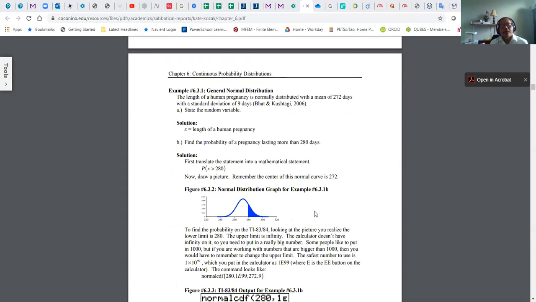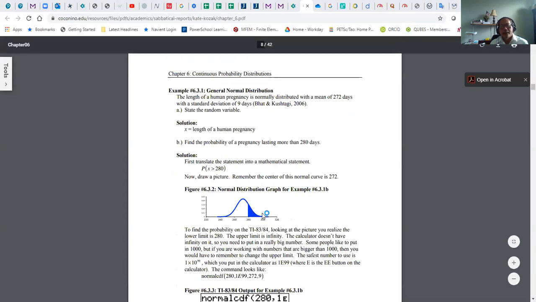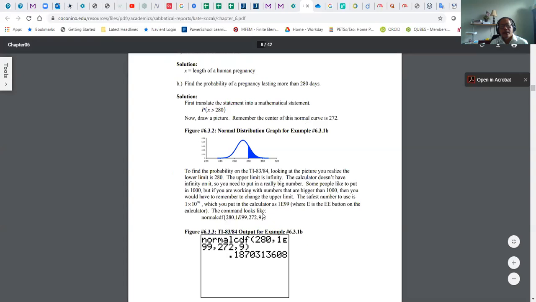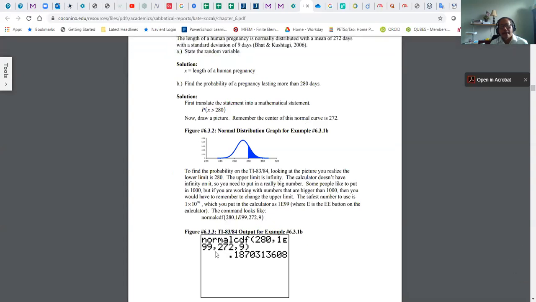So this is how to find the area under the curve. For example, for this one it is for greater than 280. So in Excel, if you have a greater than, you have to subtract from 1.